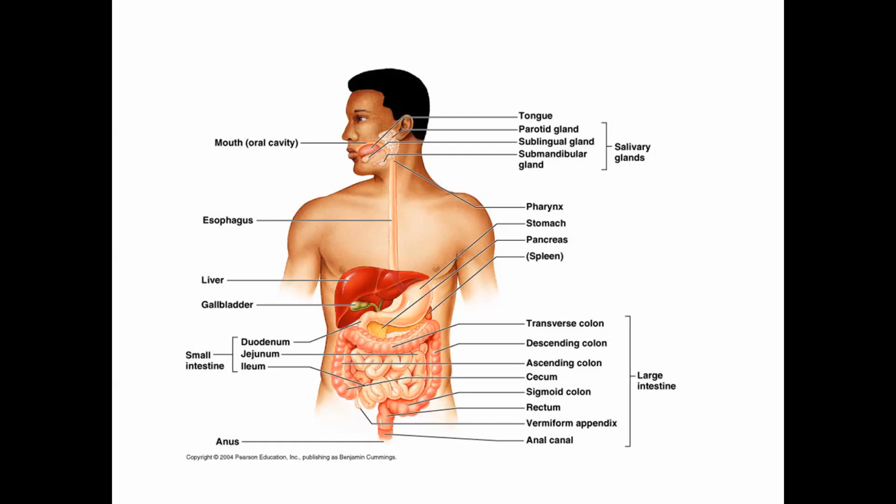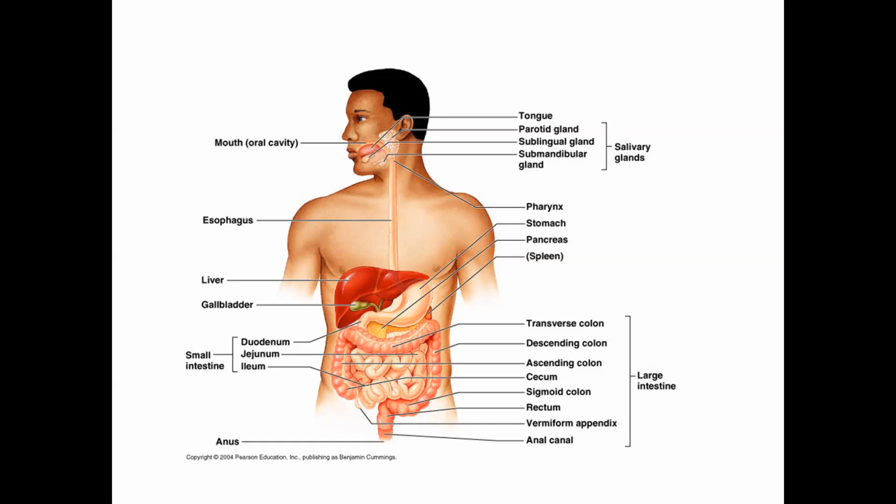Connected to the small intestine is the large intestine. If you remember, the large intestine starts with the ascending colon, then the transverse colon, descending colon, sigmoid colon, rectum, and anal canal. Those are the parts of the large intestine.